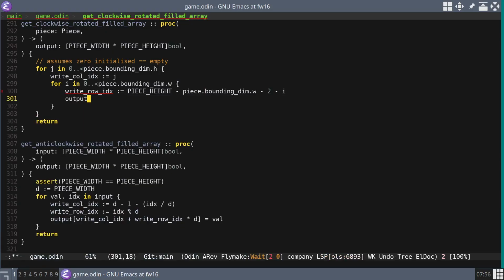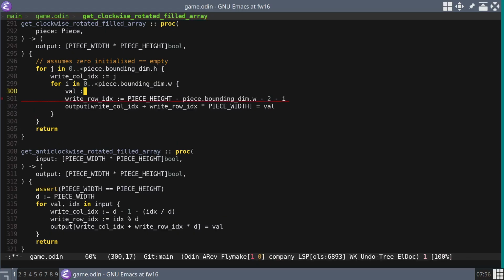Which means then output at right col index plus right row index times that stride, which is piece width, is equal to what's our val?